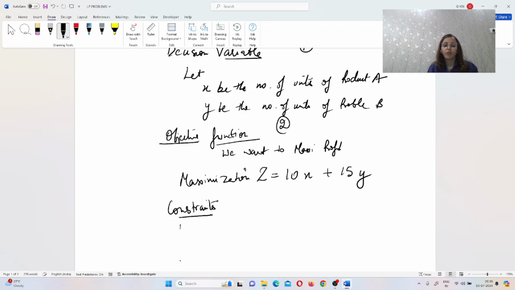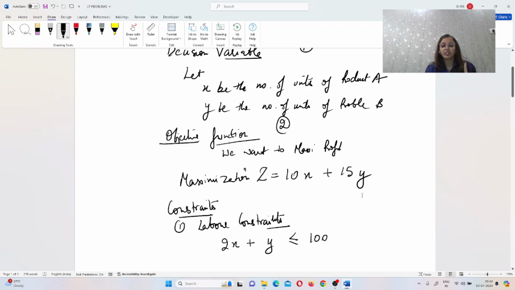First is your labor constraint. We require 2 hours of labor for product X and 1 hour for product Y, and the labor limit is 100 hours. Check it again against what is given. So we write 2X + Y ≤ 100.